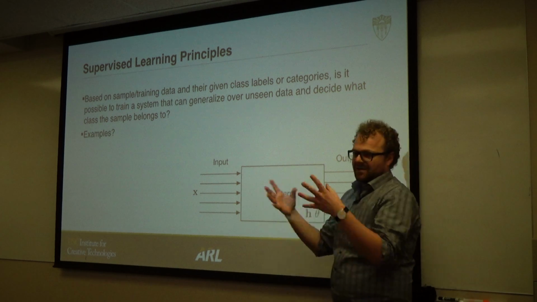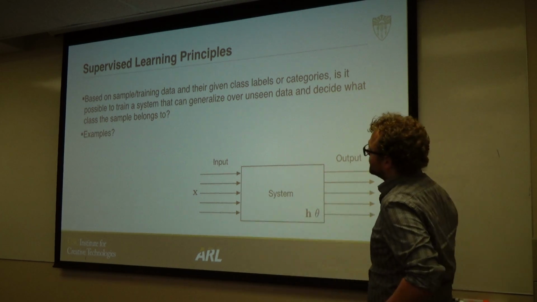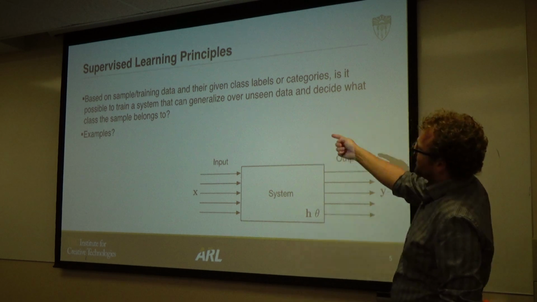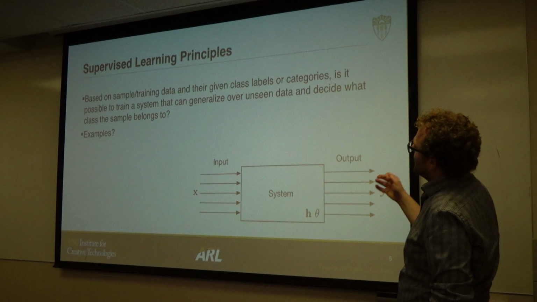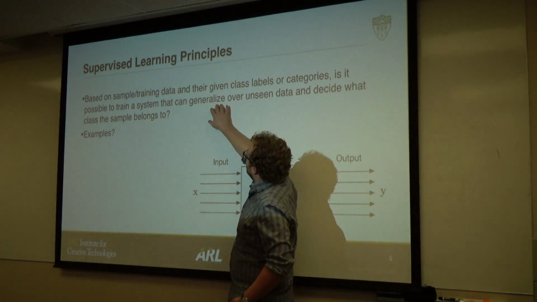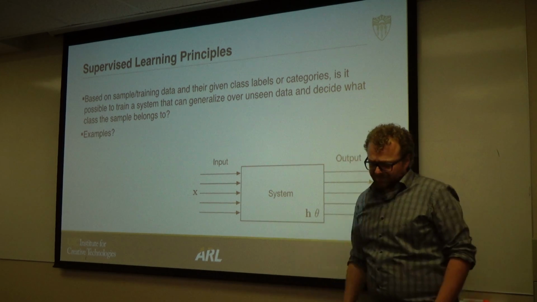So that's our data sample or training data. And they're given class labels or categories. It's possible to train a system that can generalize over unseen data. And so now that's the big question, the generalizing over unseen data.